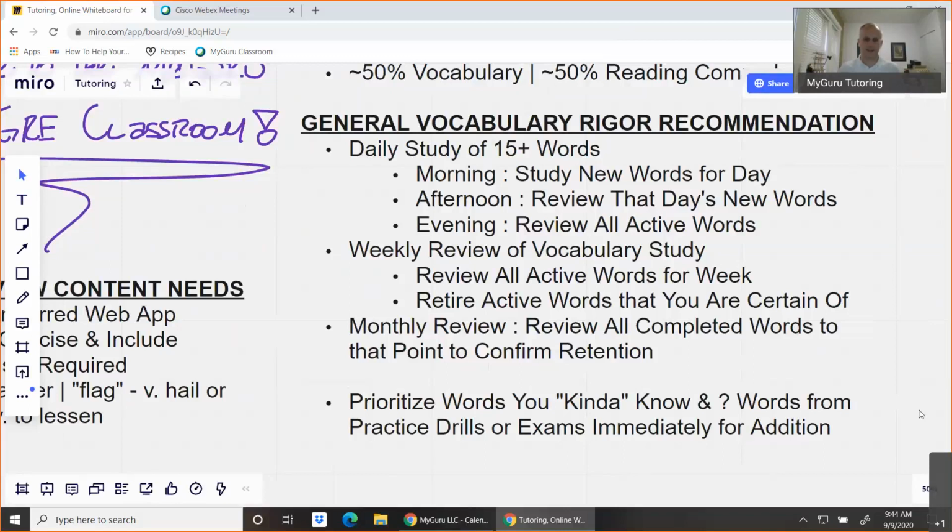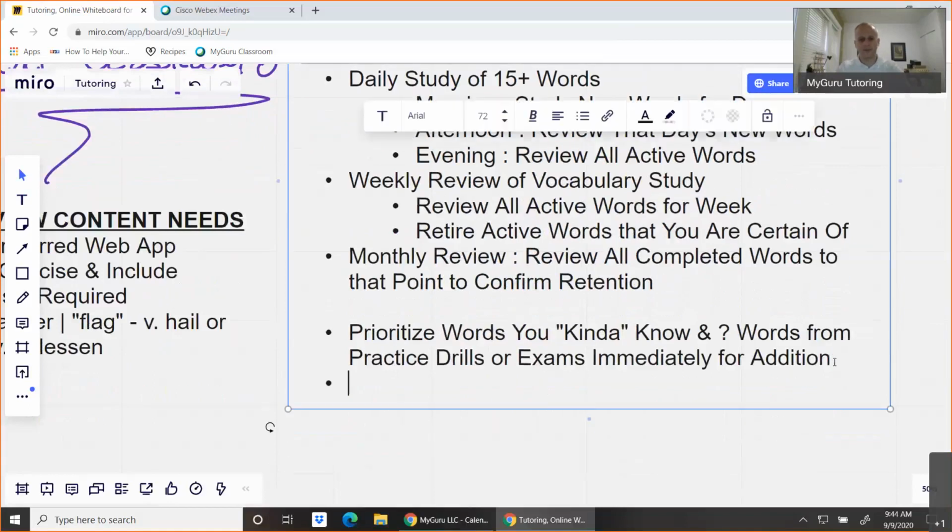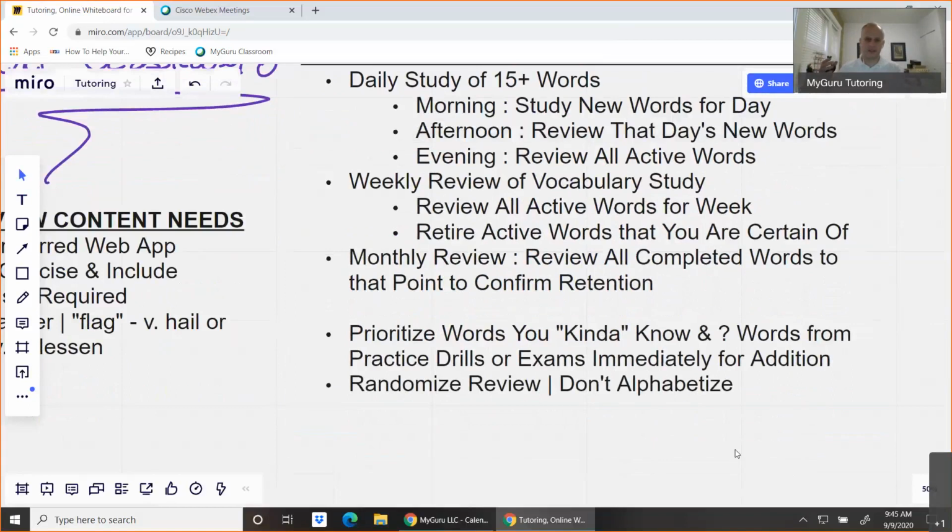So if you're going through a practice exam and you're like, I don't know what pescatarian means, let's add that to the list immediately. Another piece of general advice is to randomize the review. Don't alphabetize, because it becomes too much of a drag, for lack of a better term.